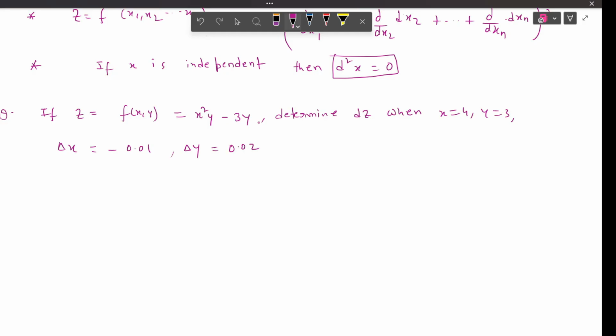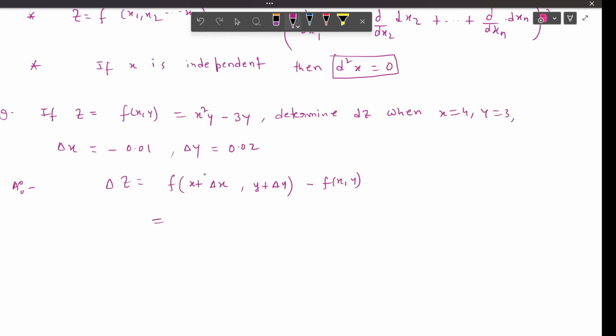Let's see the solution of this question. First of all, we have to find this dz. So let's find it out. Delta z, we know, can be written as f of x plus delta x, y plus delta y minus f of x, y. This is our basic definition, right?